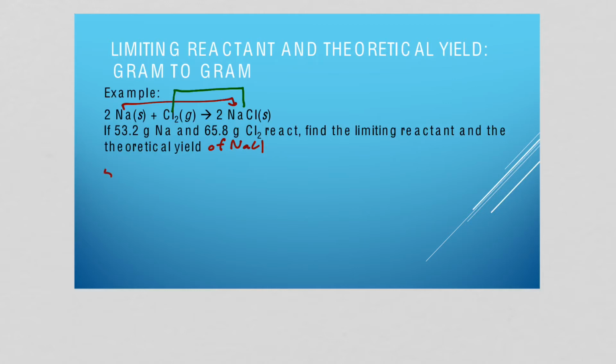So we have 53.2 grams of sodium. Now we're going to go through our process. It's the same process we did last time. We have to convert our grams of sodium into moles. So we have grams of sodium down here, moles of sodium here. If I look on the periodic table, 22.99 grams per 1 mole of sodium.